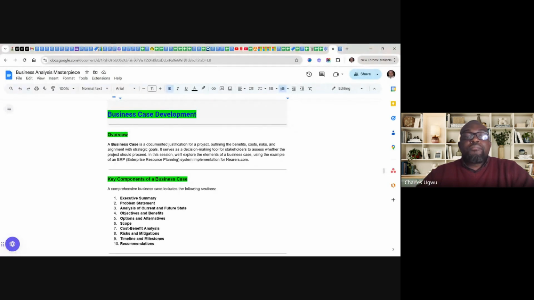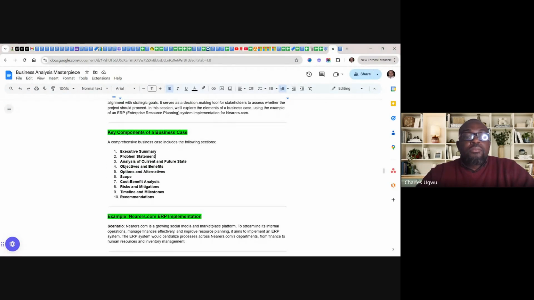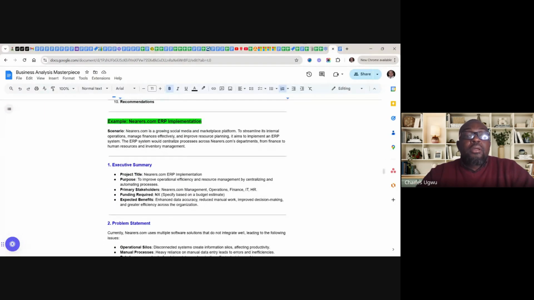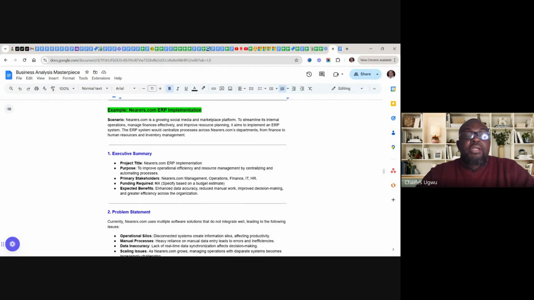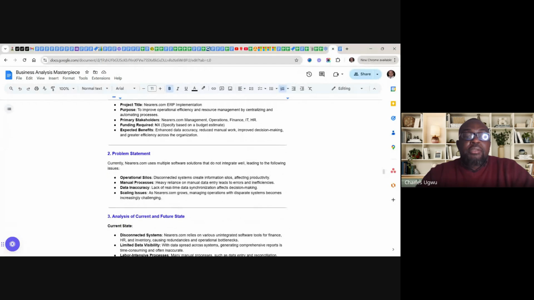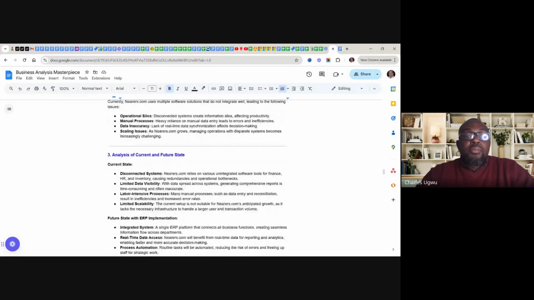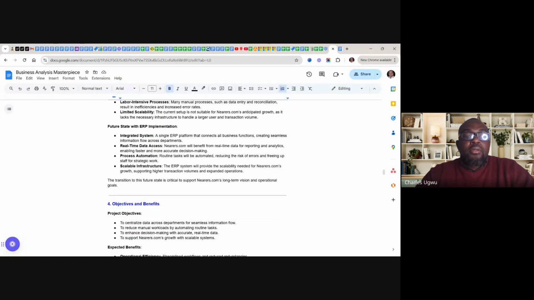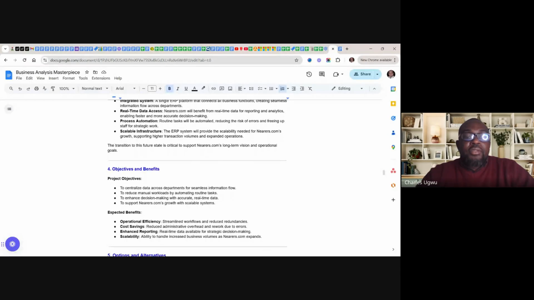Okay, let's look at what we can get from ERP. Benefits. Let's look at benefits first. Problem statement. Let's go to the benefits. Objectives and benefits.